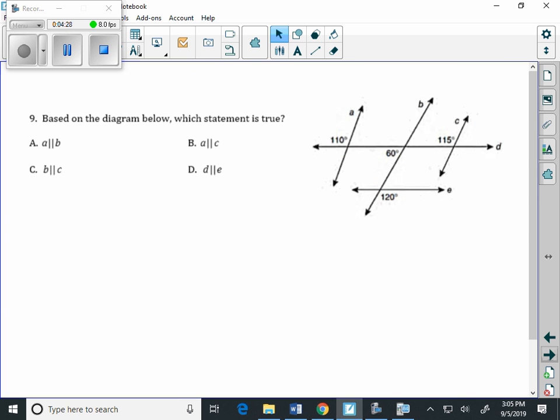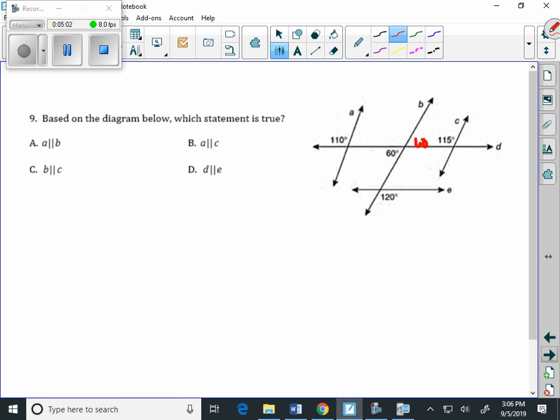Letter C. Based on the diagram below, which statement is true? Well, it says angle A parallel to angle B, which is not true, but it's not true, not because it just looks like they're not parallel. A couple things that we know here is this is 60 degrees because vertical angles, this angle and that angle there, vertical angles.